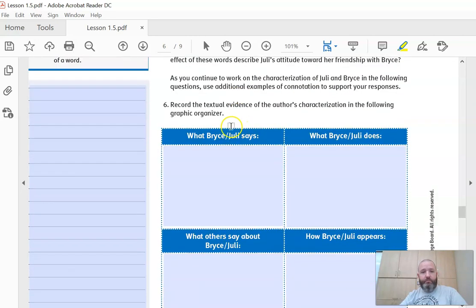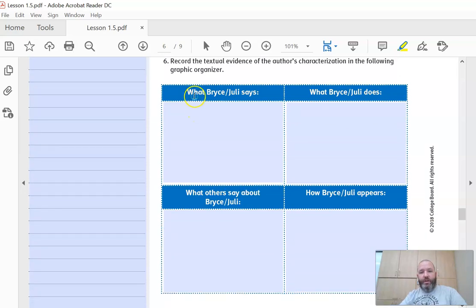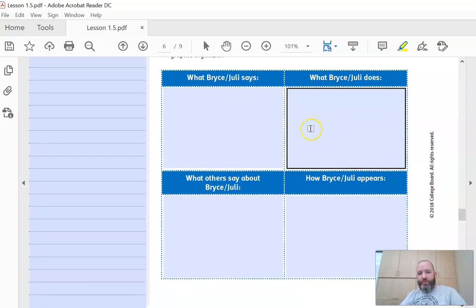All right. It says record the textual evidence of the author's characterization in the following graphic organizer. So you're going to write things that Bryce and Julie say, things that they do. Obviously, you don't have to put everything in here. So a couple of things that they say, don't record every piece of dialogue. A couple of things that they do.